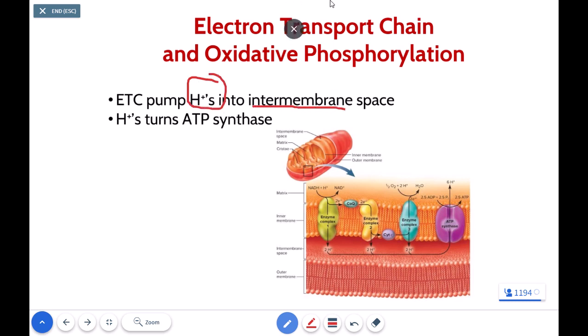As those hydrogens flow with their concentration gradient into ATP synthase, they cause it to physically spin like the turbine on a dam. And as ATP synthase is physically spinning, it will take ADP, adenosine diphosphate, and smash it into a phosphate molecule and turn it into ATP.